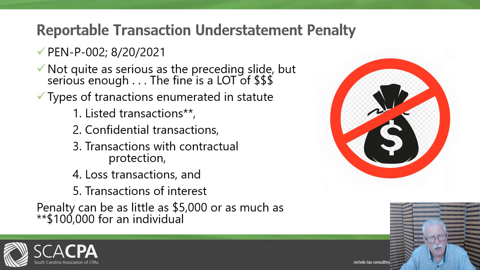A transaction has not been specifically identified by name, but rather by its characteristics in items number 2, 3, 4, and 5 in that list. Items at number 1 are specifically identified by name. And those are the listed transactions that we're talking about.